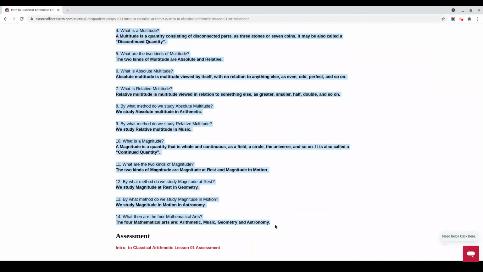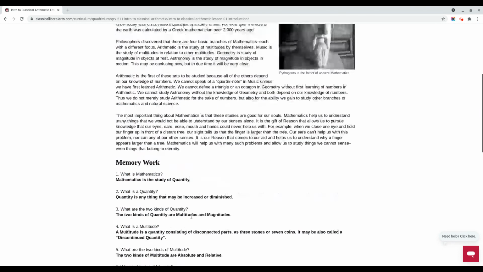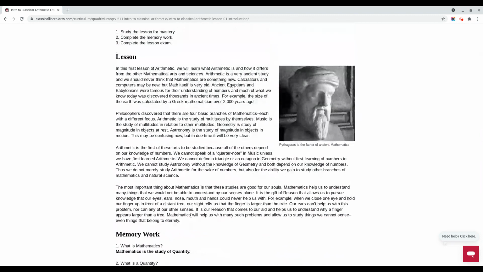when you feel like you know all of that material and you're ready to be tested, you go ahead and take your lesson assessment. When you take your assessment, you're not necessarily going to get a perfect score, but you want to pay attention to the questions you get wrong. Go back to your lesson and review to see what you misunderstood or what caused you to get a question wrong, and then retake the assessment.